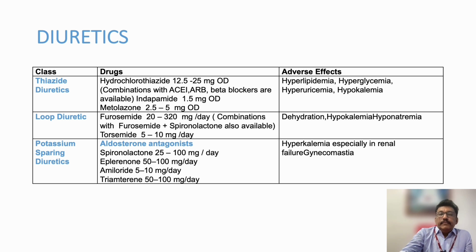Otherwise, normally we give thiazide diuretics like hydrochlorothiazide as an initial drug, 12.5 to 25 milligrams. So any patient who is having hypertension without any major end organ damage, we can start hydrochlorothiazide.